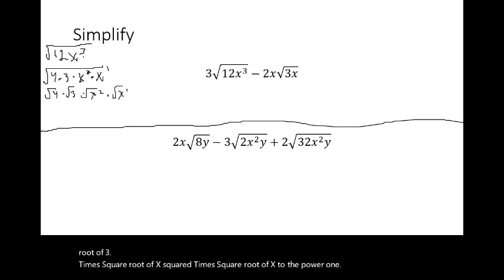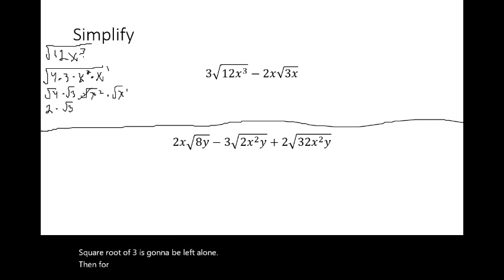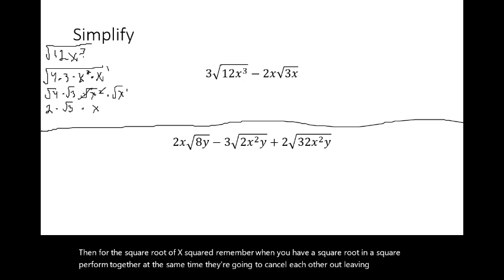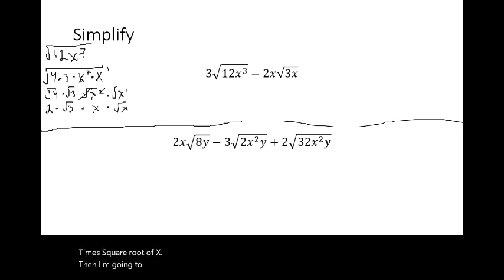Then I'm going to do all of the square roots that I can. So square root of 4 is 2. Square root of 3 is going to be left alone. Then for the square root of x squared, remember when you have a square root and a square perform together at the same time, they're going to cancel each other out, leaving you with x times square root of x. Then I'm going to finish simplifying by multiplying everything that is not under a square root together.